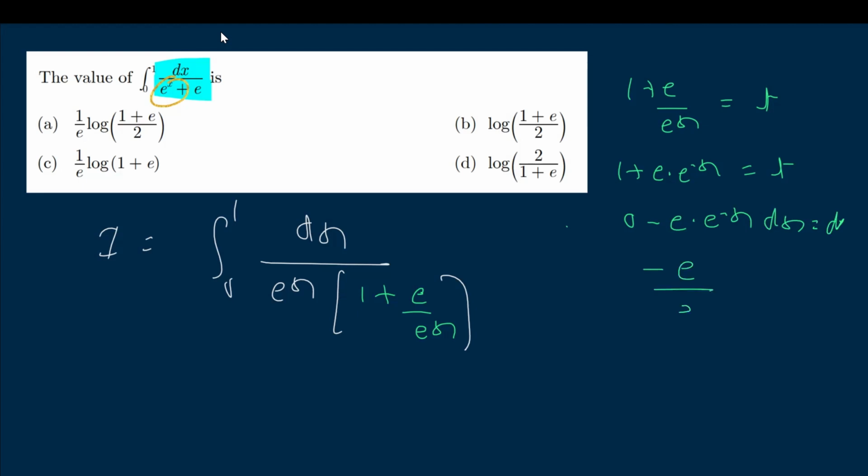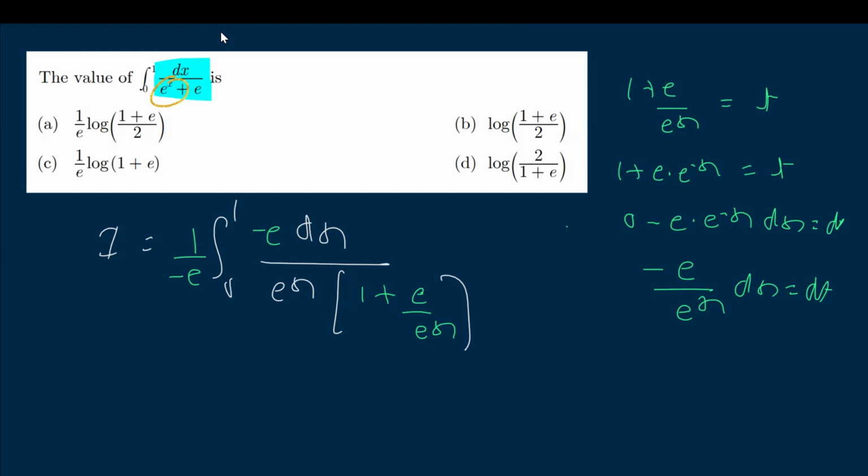Now we have e raised to the power x over here, so I'm going to multiply by minus e and divide by e. This way we can find it.